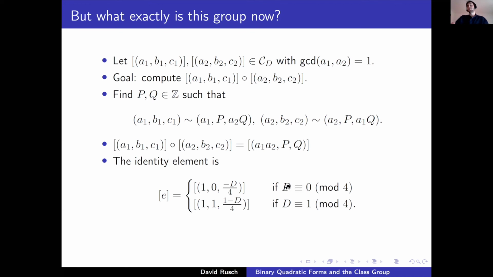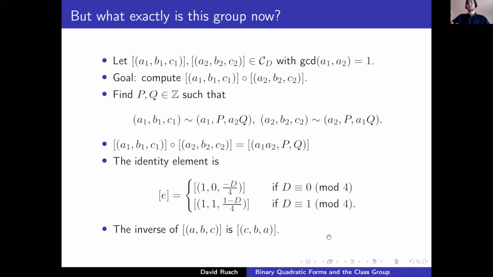And it turns out that only 0 or 1 are possible. So we have these two identity elements, or the identity element in these two cases. And what's the inverse? The inverse is actually, I think, the easiest to memorize. We just flip around the form, or we exchange A and C. Then we get the inverse class.